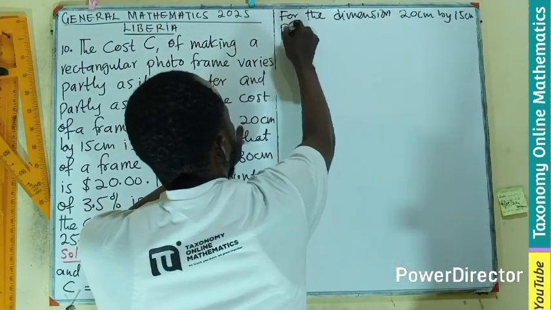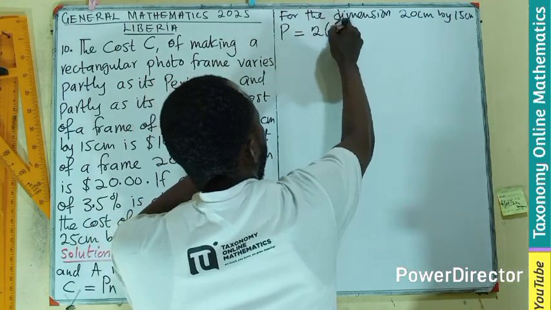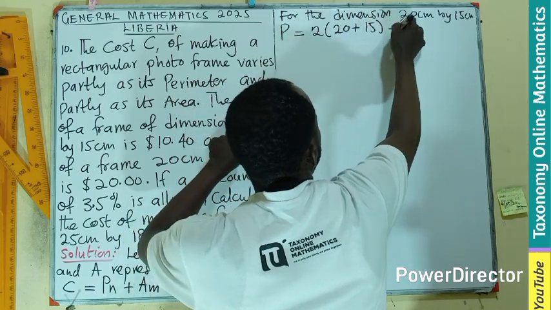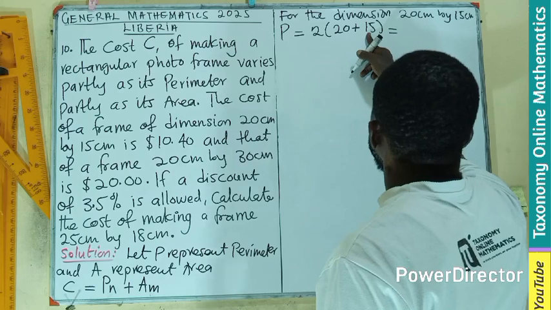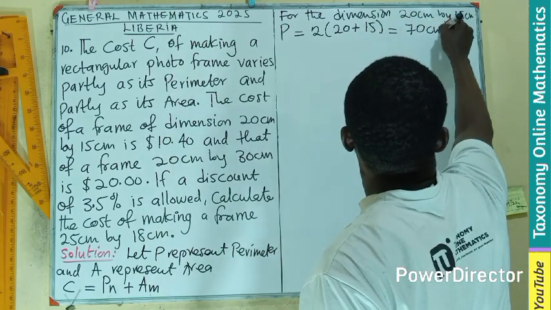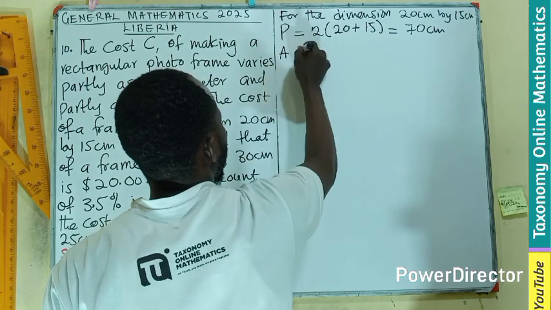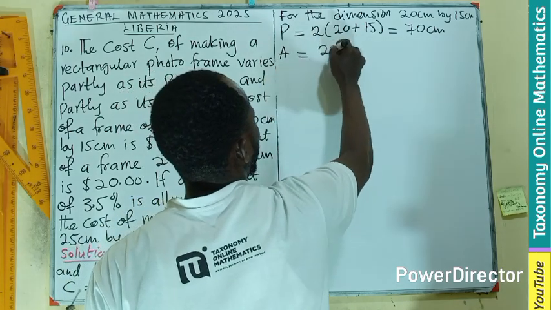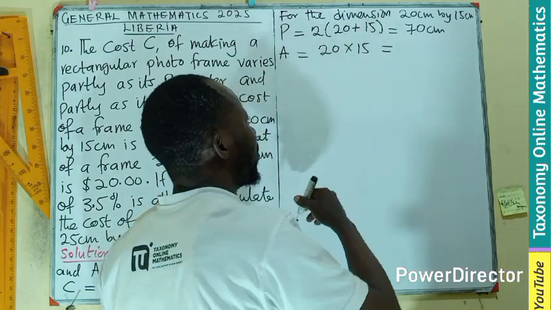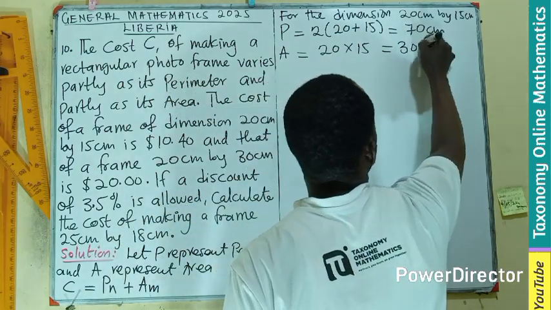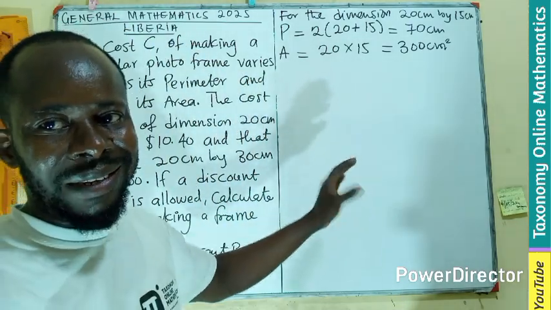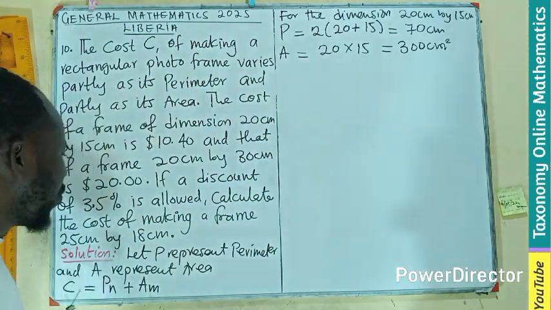We can easily find the perimeter, P, as 2 times 20 plus 15, which is 35, so we have 70 centimeters. Area is going to be 20 times 15, which is 300 centimeters squared.